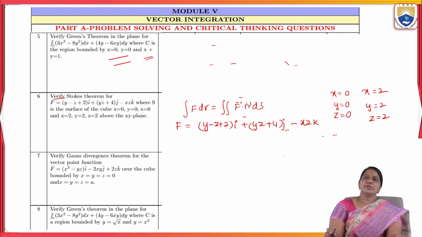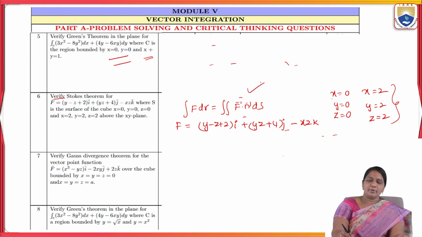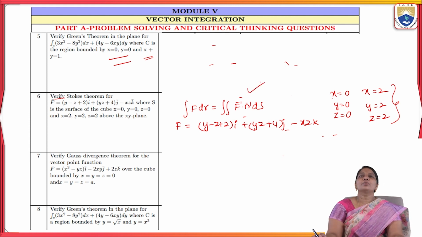We have the limits from x equal to 0 to 2, y equal to 0 to 2 and z equal to 0 to 2. We can use these limits to calculate the integral of F bar dot n dS. Here we have to do it along the curve, otherwise we can take the double integral of F bar dot n dS.